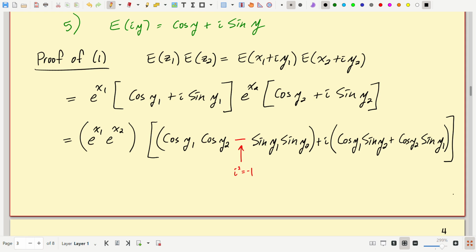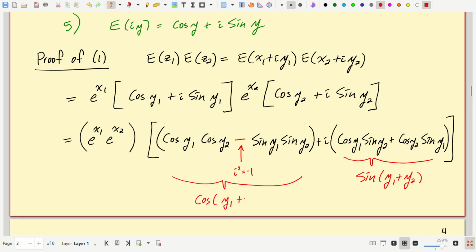And those should look familiar to you. Those are the famous formulas you learned in trig class someplace. This is sine of y1 plus y2. And this one is cosine of y1 plus y2. And of course this is e to the x1 plus x2.